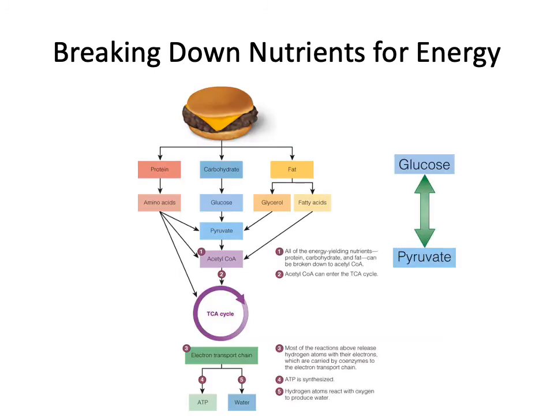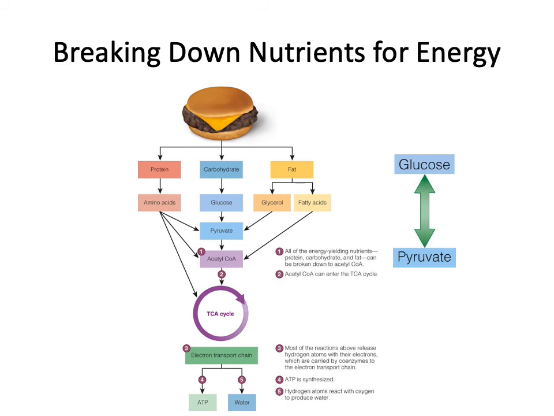So this diagram pretty much shows the same thing. We see that in the middle, the blue boxes are metabolism of carbohydrates, first into glucose or other monosaccharides, and then eventually into pyruvate through glycolysis, and then acetyl-CoA.